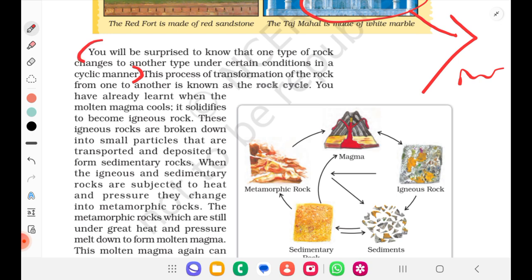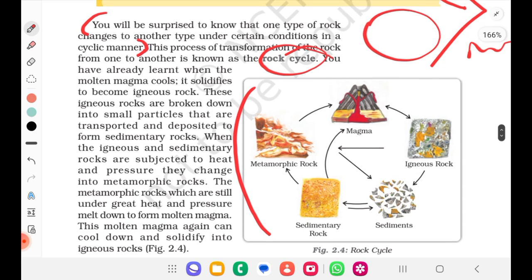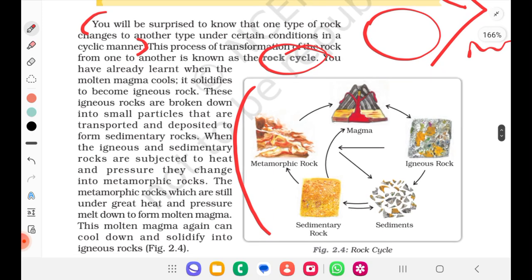This process of transformation of the rock from one to another is known as the rock cycle. From one form to another form it is going to change. There is a figure, a nice figure. I'll explain this. When the molten magma cools, it solidifies to become igneous rocks. These igneous rocks are broken down into small particles that are transported and deposited to form sedimentary rock.